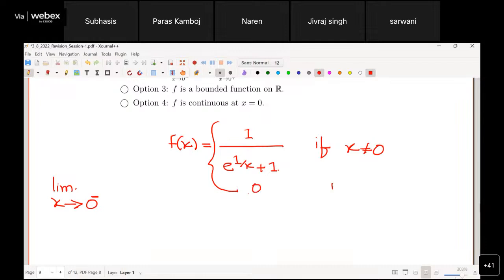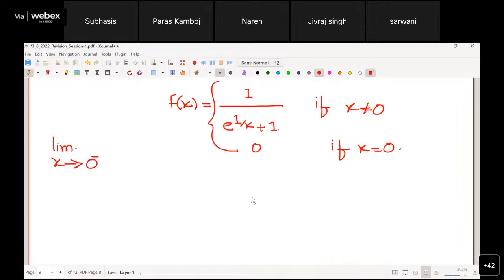The function will be 1 by (1 plus e power 1 by x) when x is greater than 0, and it will be 1 by (1 plus e power minus 1 by x) when x is less than 0.